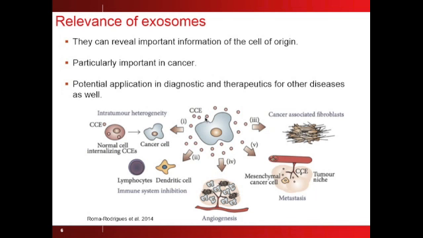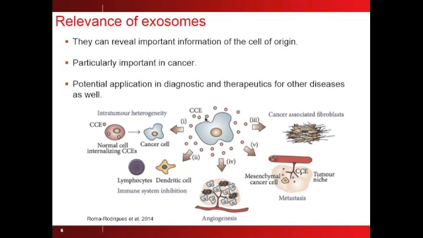And also very important in cancer, not only because of the contents, but because of how cells communicate through exosomes with other cells, and also because they're produced at higher rates in cancer cells. So it tells us that they are potentially good biomarkers for cancer diagnostics.